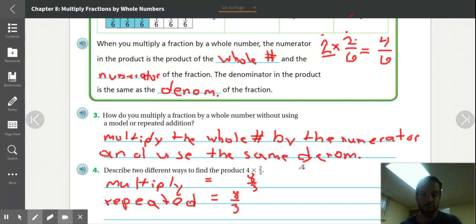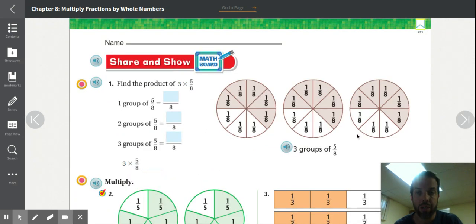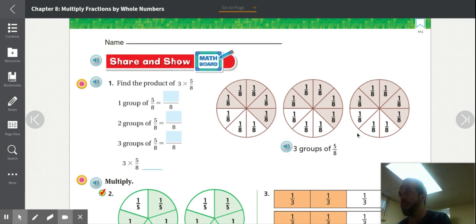Okay, that's very important. All right, so today, depending on how we do, this might be the only day we do 8.3 because I feel like it's very repetitive to 8.2, which we spent 2 days on. So let's go to this page, which would be page 471. This is going to be the page that you guys do your problems on for today.